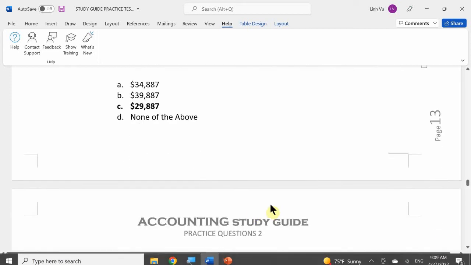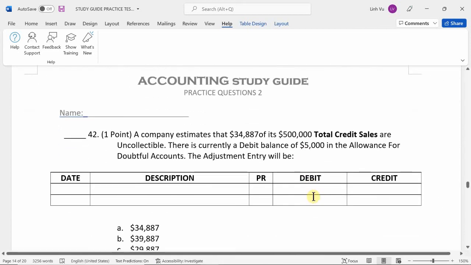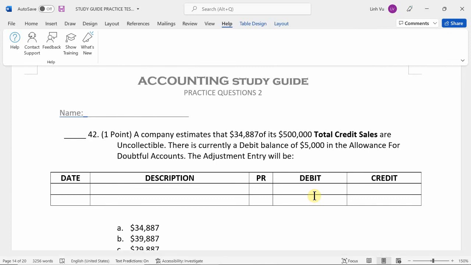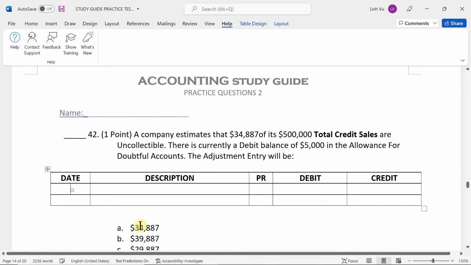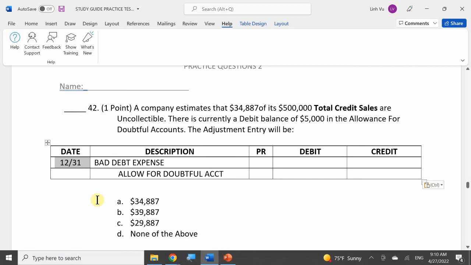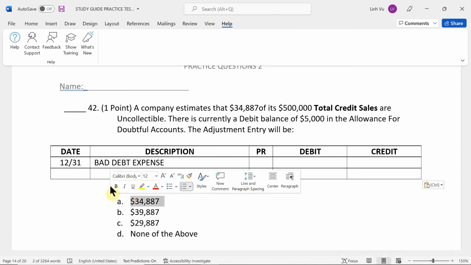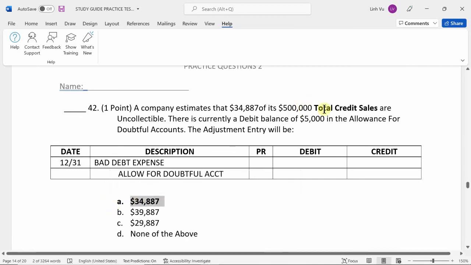Okay. And of course, last but not least, if a company estimates that 34,887 of a 500,000 total credit sales is to be uncollectible, and right now there's currently a debit balance of $5,000, then the entry will be A. Right, because in this case, we don't care about what the balance is because we see total credit sales.